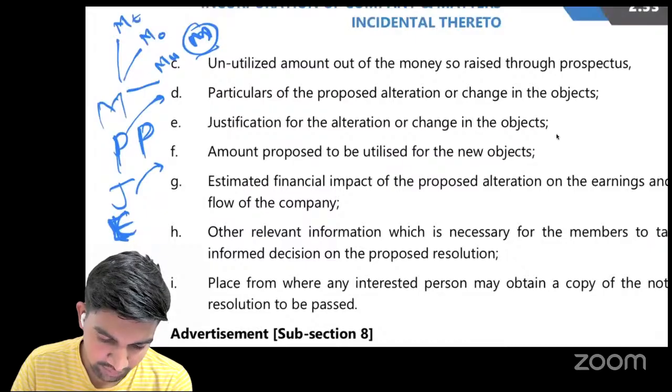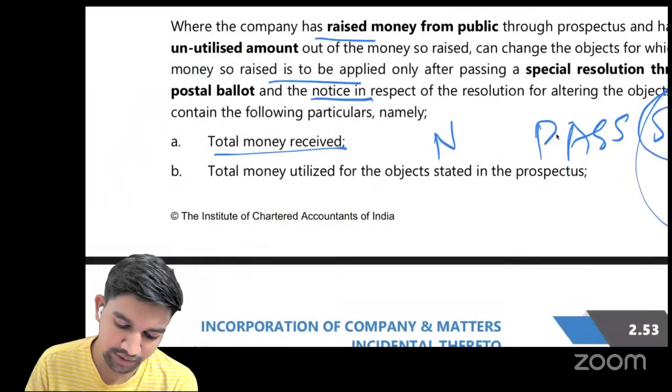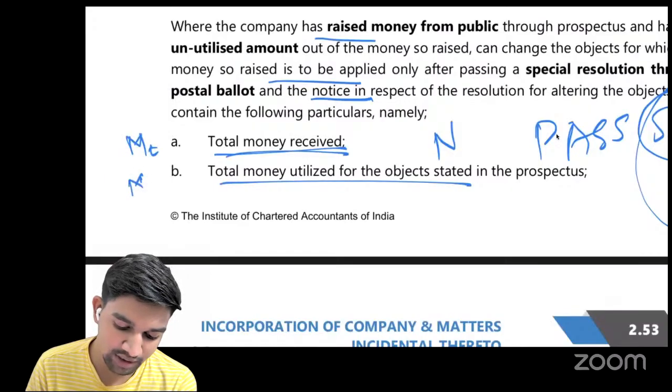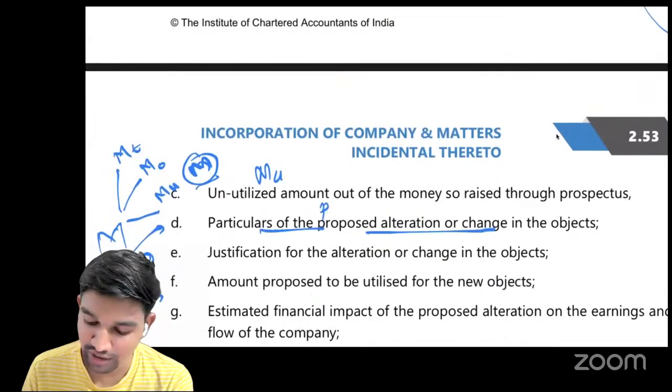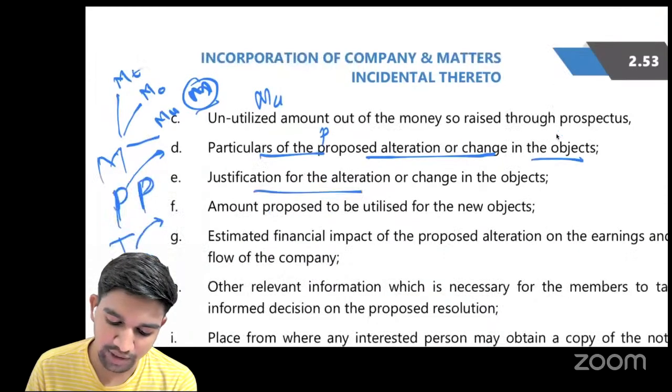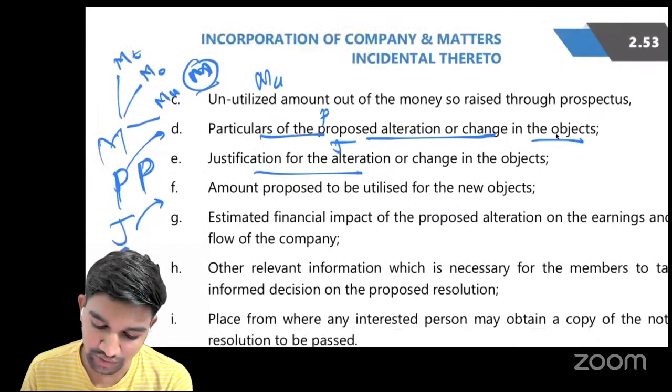Here we will see these particulars: total money received, money utilized for the objects, money unutilized, particulars of the proposed alteration or change in the objects, and justification for such alteration.